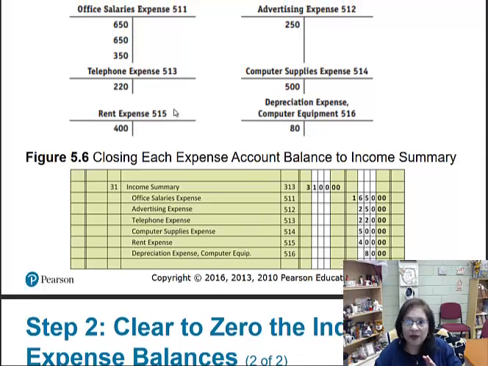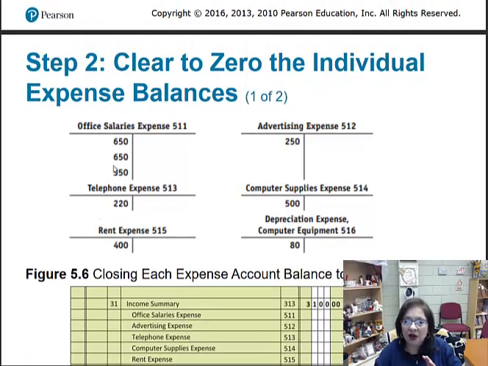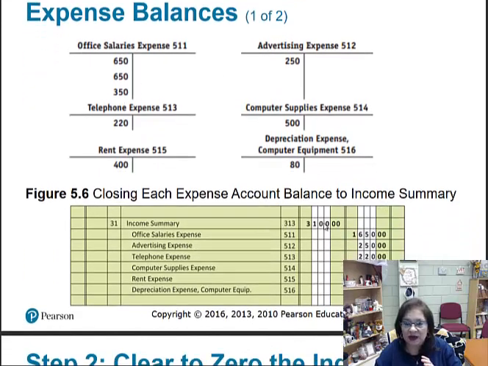And why? Because remember, your normal balance for the salaries expense is debit on the left side. So you're debiting it. All of this totals up to 3,100. So all of this adds up to that.